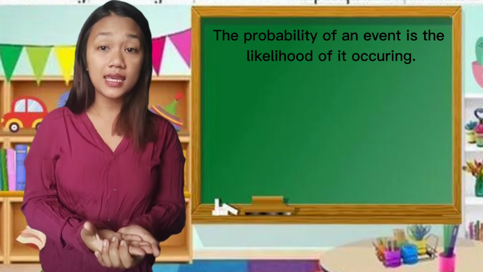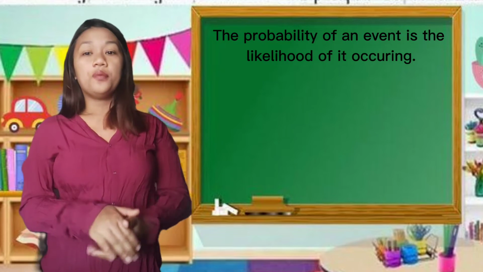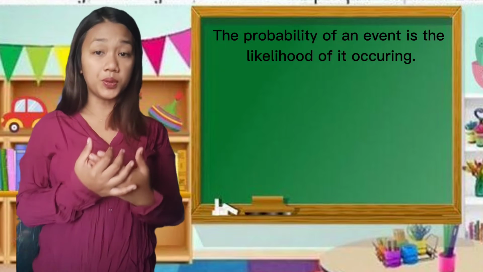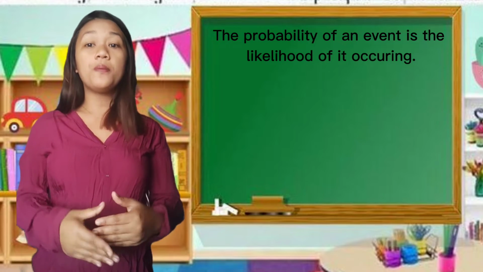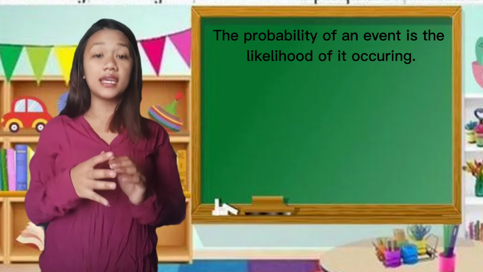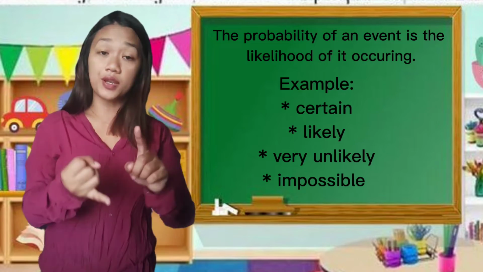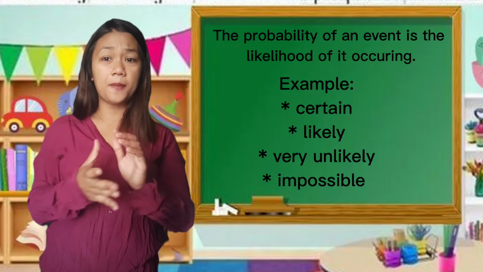The probability of an event is the likelihood of its occurring. When we discuss the likelihood of an event happening in everyday life, we may use common words to describe it, for example, certain, likely, very unlikely, and impossible.